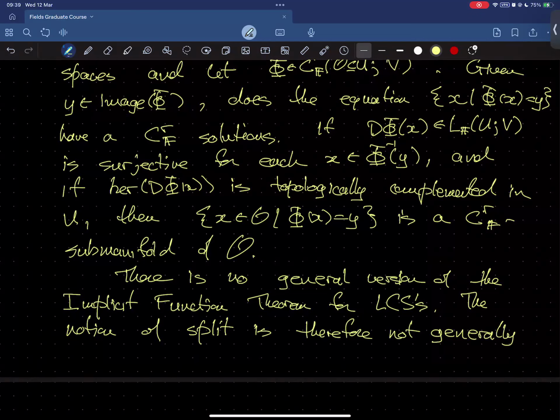I could have just said this notion of split is only important for normed spaces, but why would that be? The reason is the implicit function theorem. Split shows up in the implicit function theorem, but since the implicit function theorem just fails catastrophically for locally convex spaces, there's no benefit to assuming split in general.